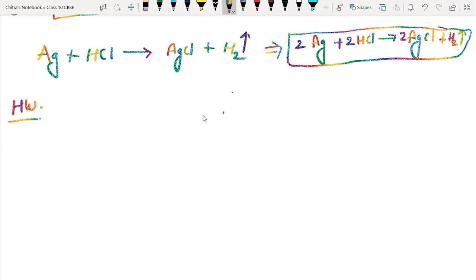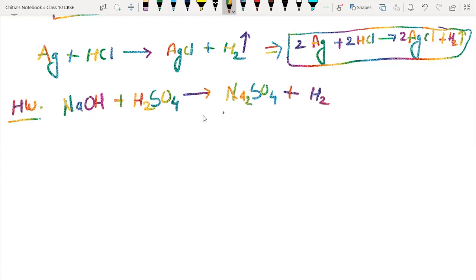Okay, so one reaction will be sodium hydroxide, NaOH, when it reacts with sulfuric acid, H2SO4, gives the product sodium sulfate, Na2SO4, plus water, H2O.